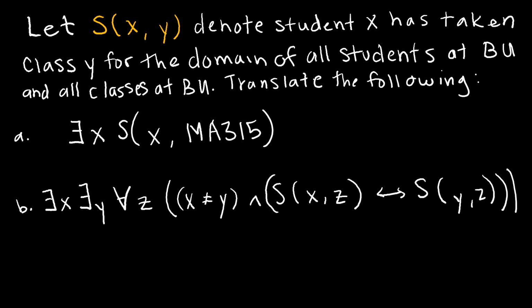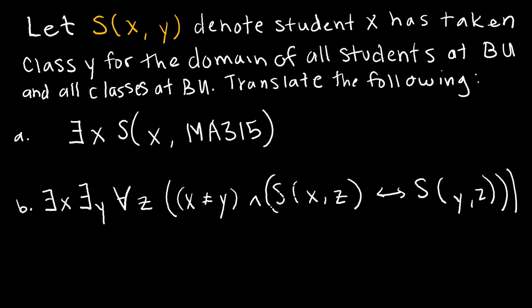Just for fun, you can go ahead and try this one on your own before we go over the answer together. So I suggest you press pause, try both parts of the question, and then press play. Or just follow along with me. So let's take a look. We have let S(x,y) denote student x has taken class y for the domain of all students at BU and all classes at BU. So translate the following.